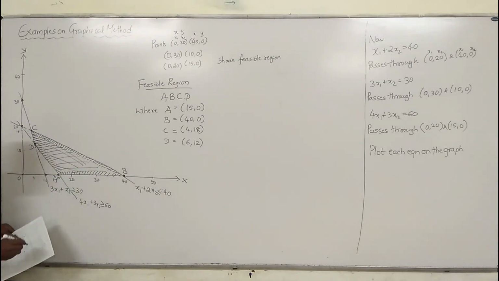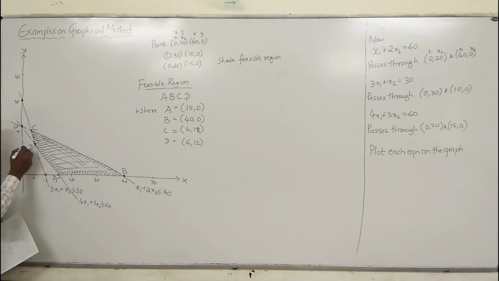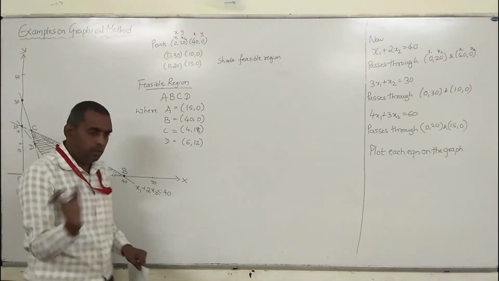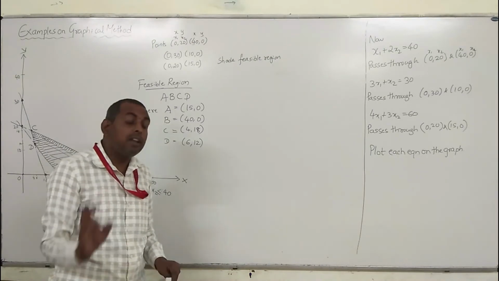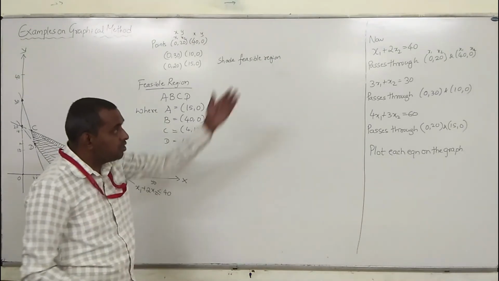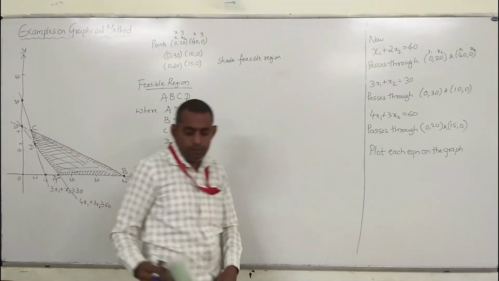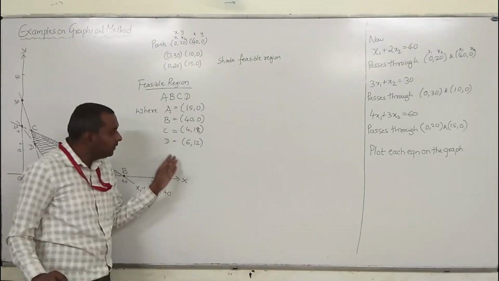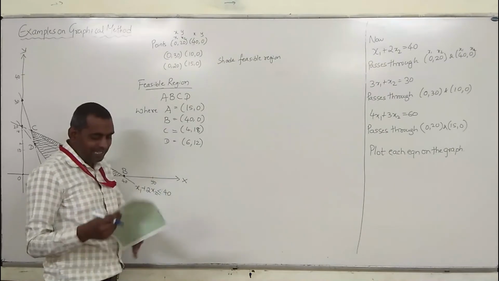Then D is equal to 6, 12. So this is nothing but 12, and this comes to 6. Almost it looks similar, but still to get the exact values, you are supposed to plot these points in the graph. So I have got these values A, B, C, D.